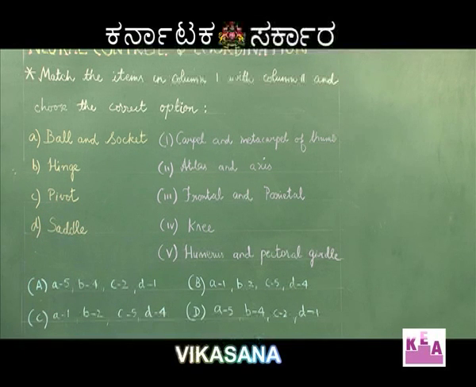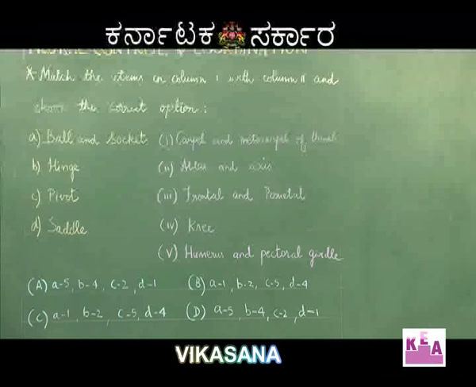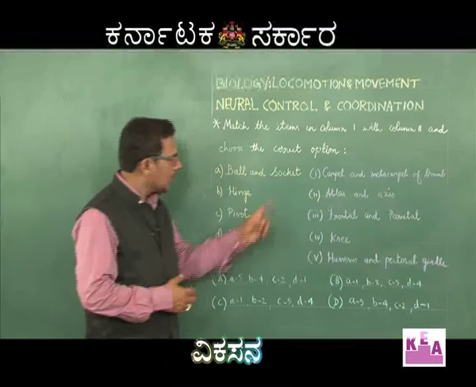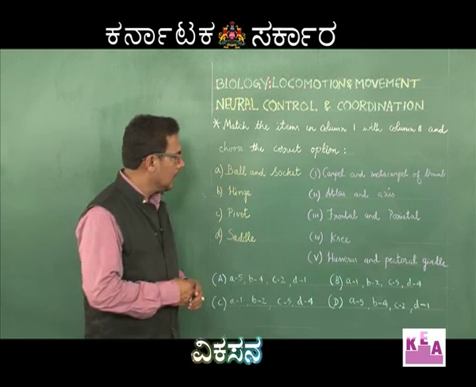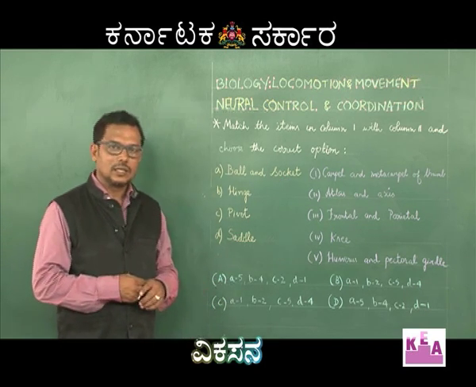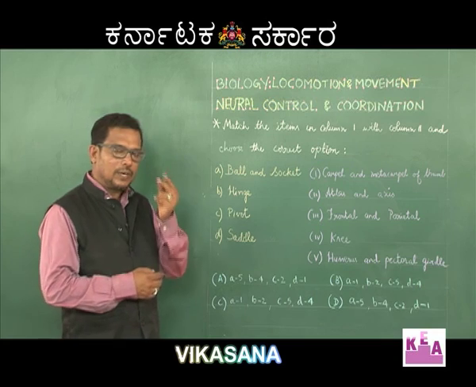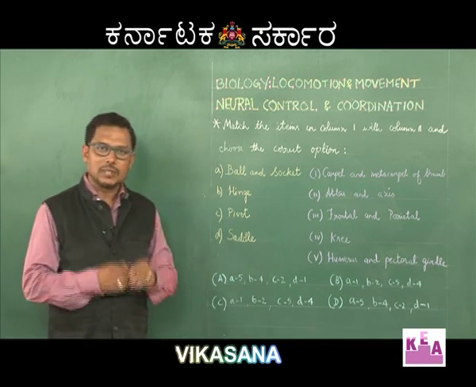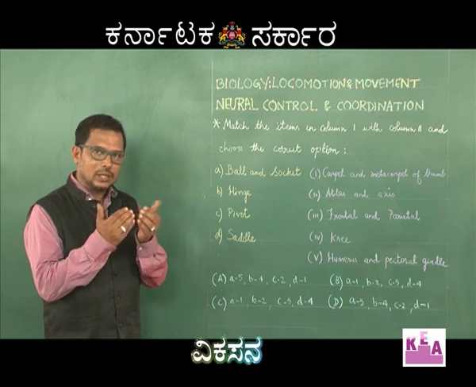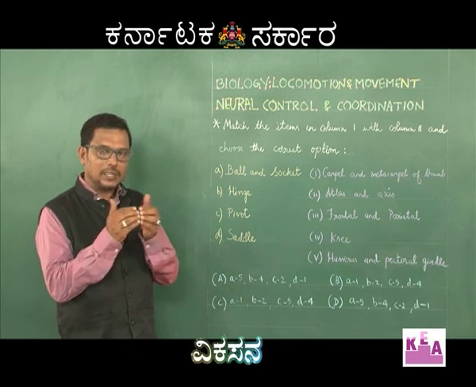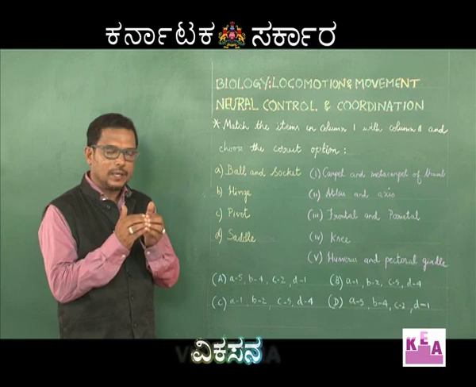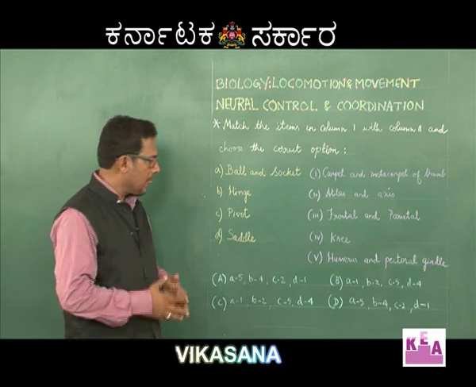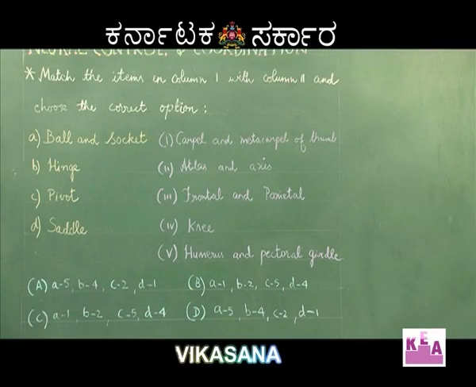So, ball and socket joint, hinge joint, pivot joint and saddle joint, whereas carpal and metacarpal of thumb, atlas and axis, these are the first two vertebral bones of the vertebral column. Frontal and parietal bones present in the cranium do not move, and this is called a fibrous joint. Immovable fibrous joint, knee joint, humerus and pectoral girdle joint.